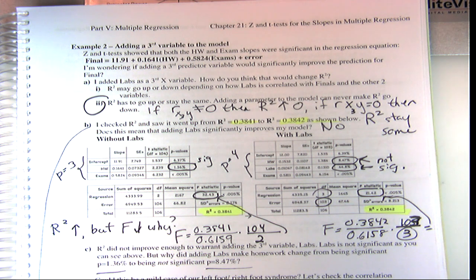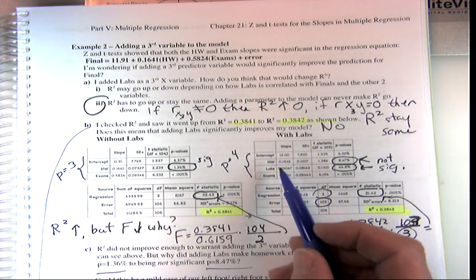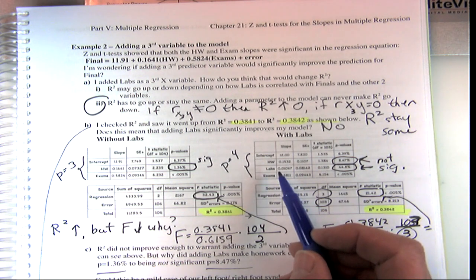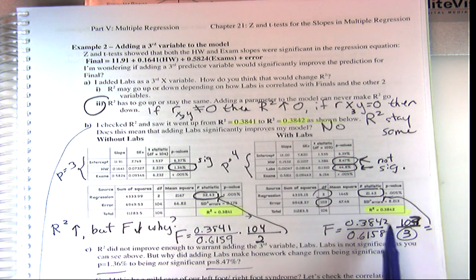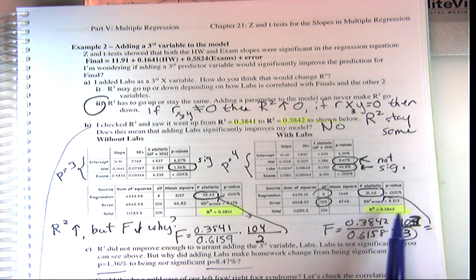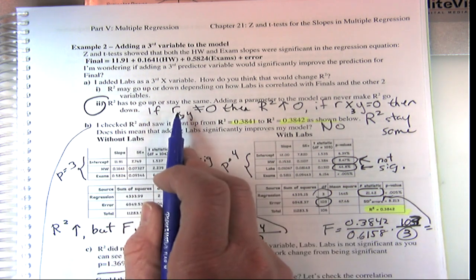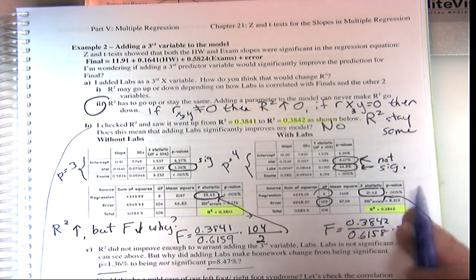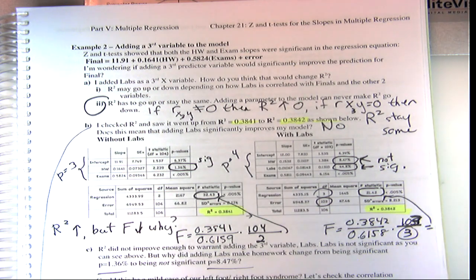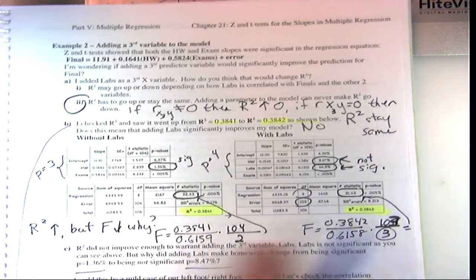We saw that when we added another parameter to the model, labs, predicting finals, so now we have homework, exams, and labs. What we saw was that even though R squared went up a bit, and it always goes up or stays the same, it didn't improve the model because adding another parameter cost us a degree of freedom.